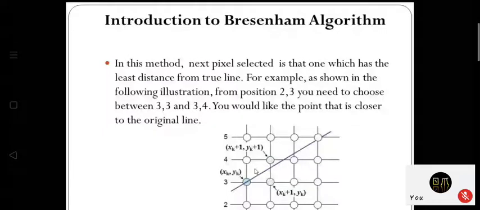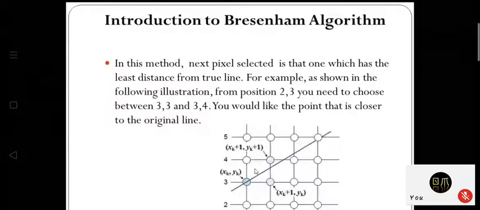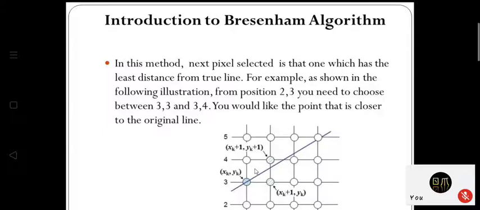It is 2, and the nearby pixel is having the value as 3. So just add 1 to the previous x coordinate, and the y coordinate is having the value as 4. So just add 1 to the previous y coordinate. So that's how you obtain x of k plus 1 and y of k plus 1. So for the starting point, you have got two nearby pixels.